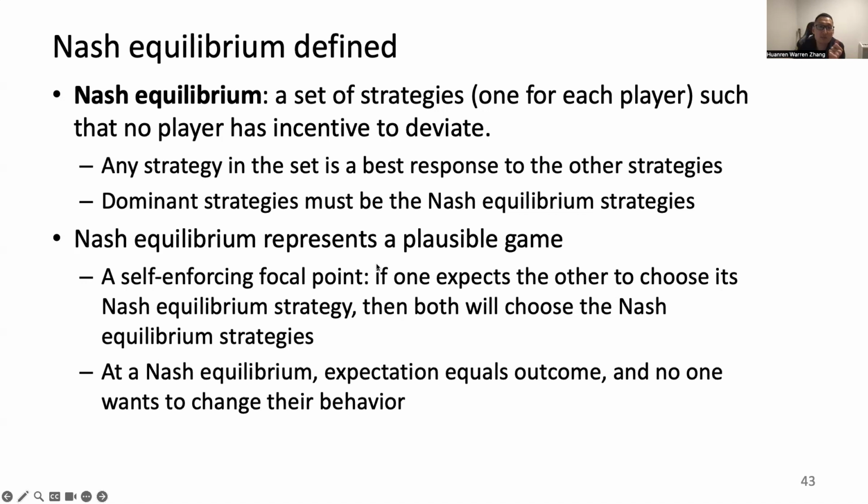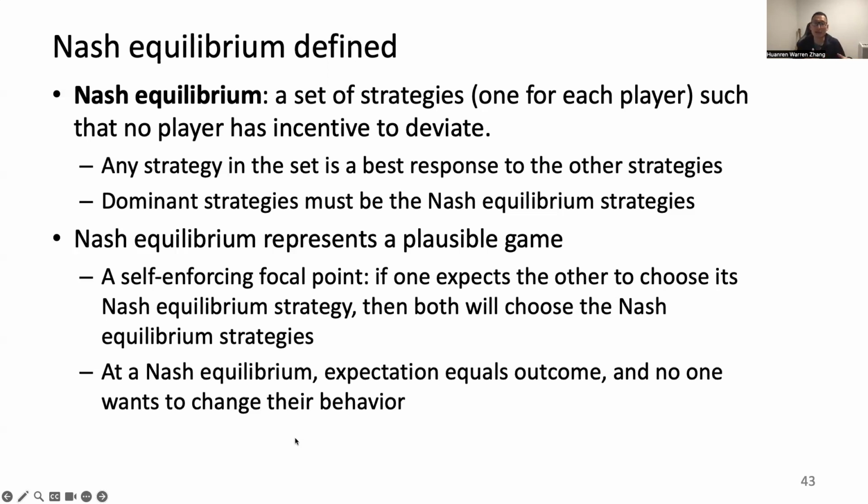So Nash equilibrium represents a plausible outcome. It is a self-enforcing focal point. If one expects the other to choose its Nash equilibrium strategy, then both would choose the Nash equilibrium strategy. At Nash equilibrium, expectations equal outcome, and no one wants to change their behavior. Even though Nash equilibrium does not always predict behavior, it has a good feature, and we need to understand it for each game.